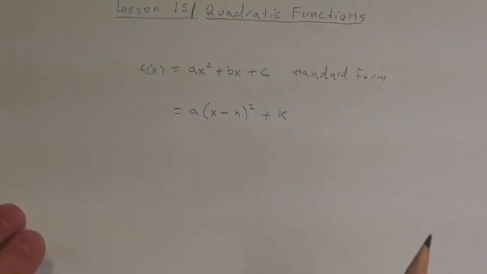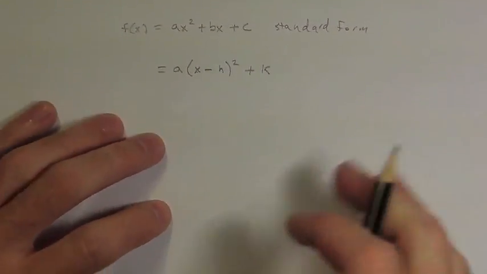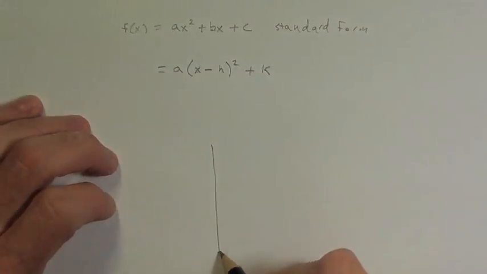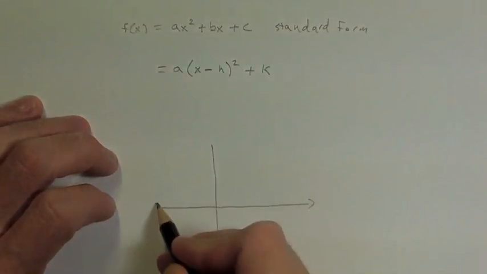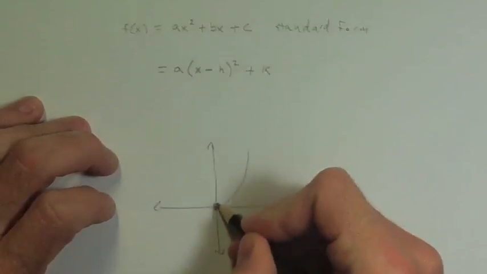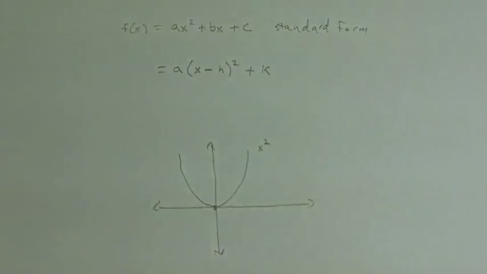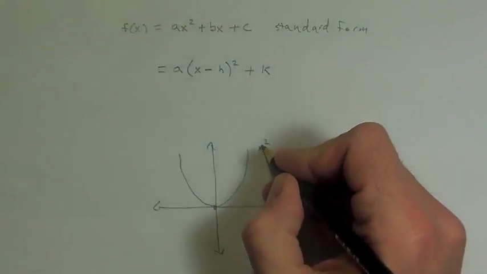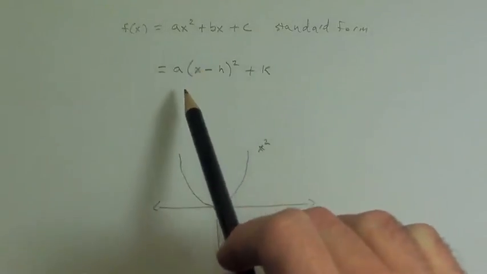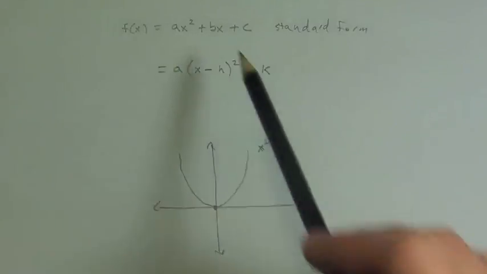Our basic quadratic, the simplest quadratic we have, is just x squared. x squared looks like this. It's a u. Now, in this form with the a, a would be 1 in this particular case.